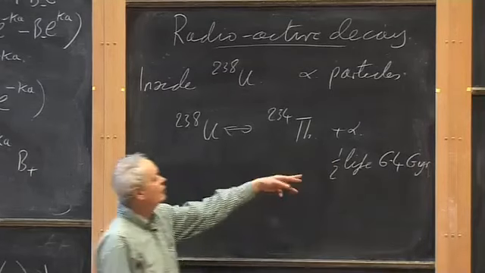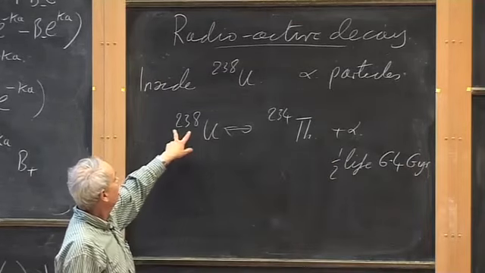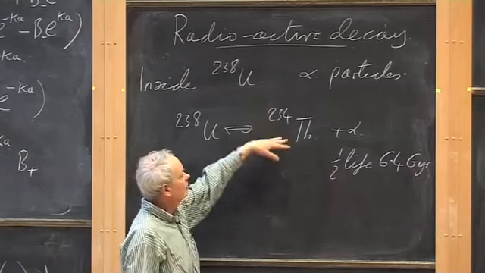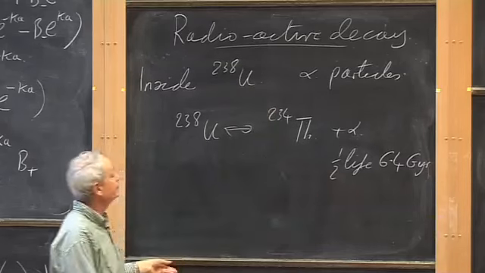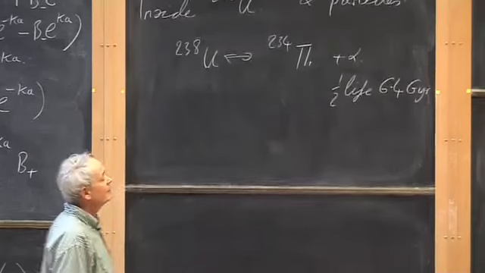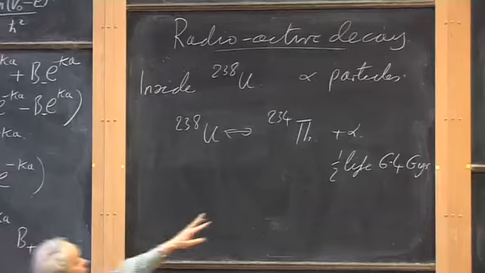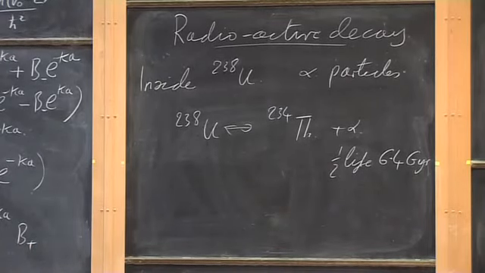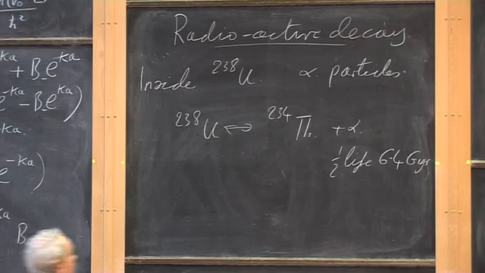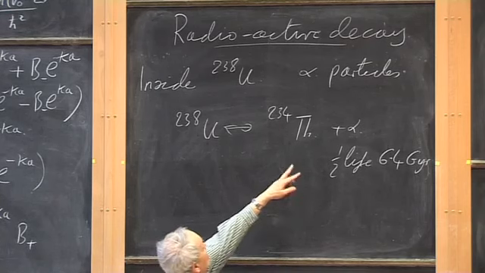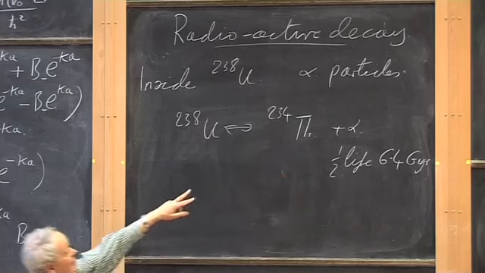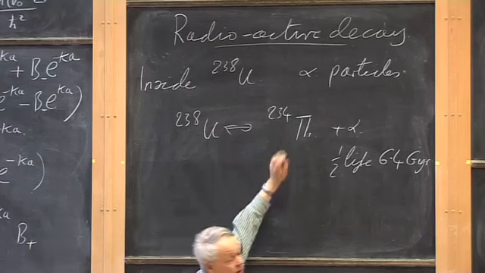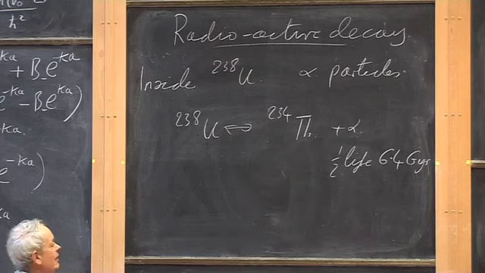So it takes the age of the universe, typically, for a uranium-238 made in some supernova to eject an alpha particle. What's happening from this perspective? We should think about this alpha particle and the thorium nucleus as a kind of dynamical system. When the alpha particle is a decent distance, more than 10 to the minus 15 meters or so, away from the thorium nucleus, it is repelled by the electrostatic repulsion.